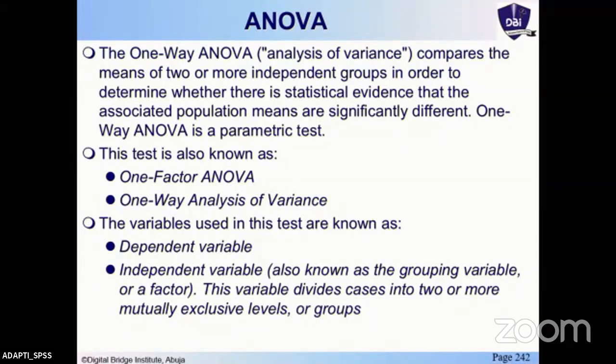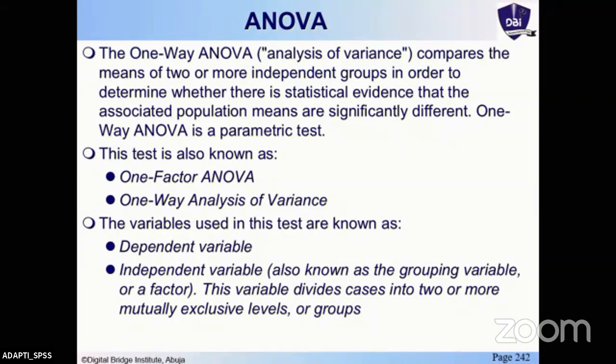Then the third one is to find out if there is an interaction between the two factors as far as performance or exam score is concerned. So that is when we use two-way ANOVA, because I may not have the time to explain the two-way ANOVA before we just take the practicals.